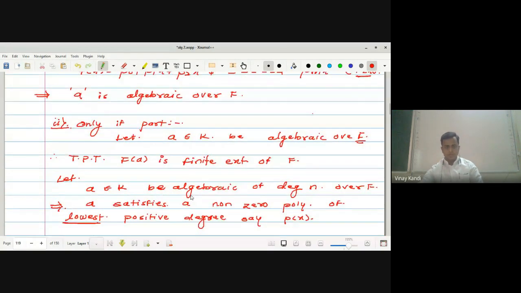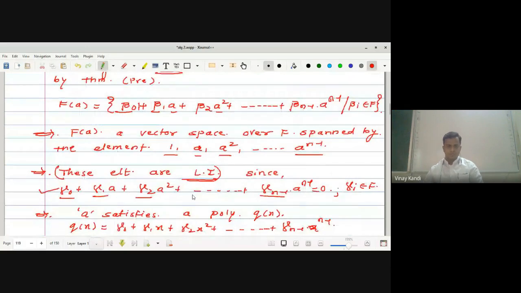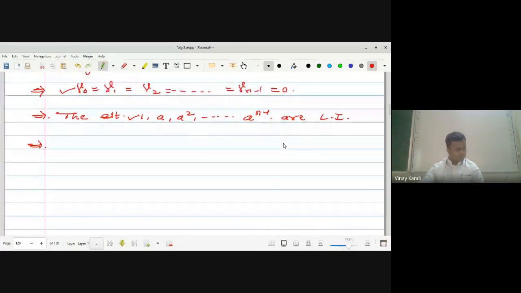Okay, see here, F of a is the vector space over F spanned by these vectors. Okay, this set is spanning and is also linearly independent. So this implies the elements 1, a square up to a raised to n minus 1 are linearly independent.